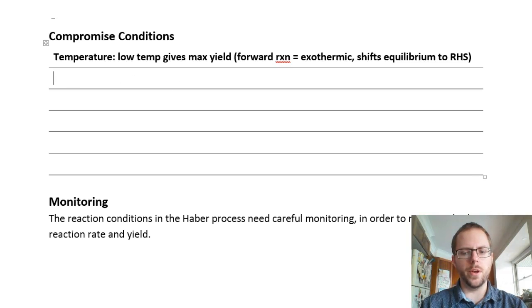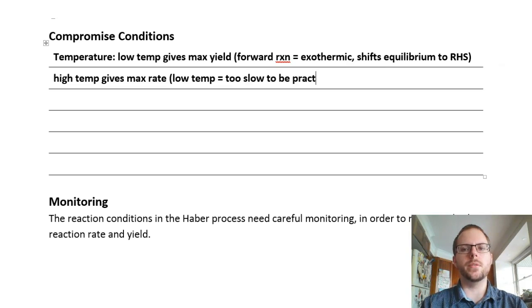What we also know though is that high temperature gives maximum rate. Low temperature is basically too slow to be practical, or economical, because ultimately it comes down to, can you make enough stuff in a cost-effective way?